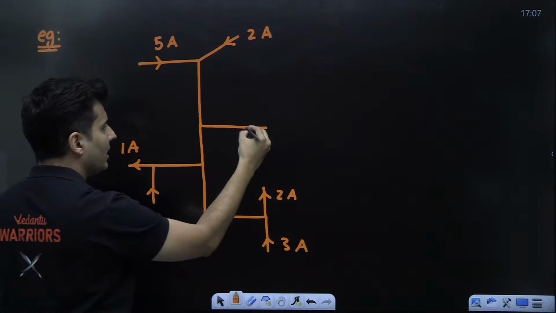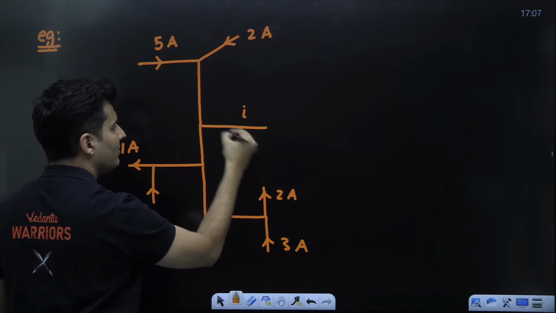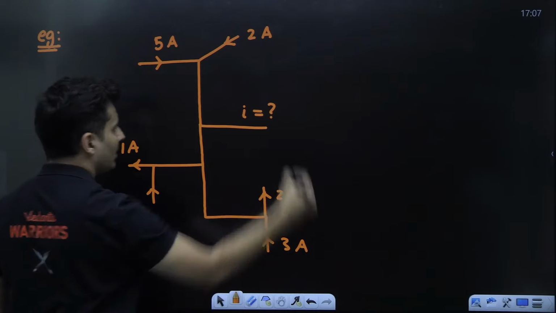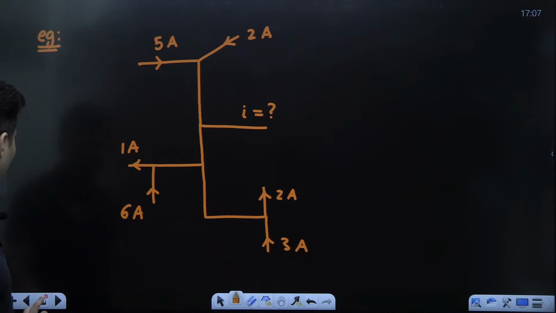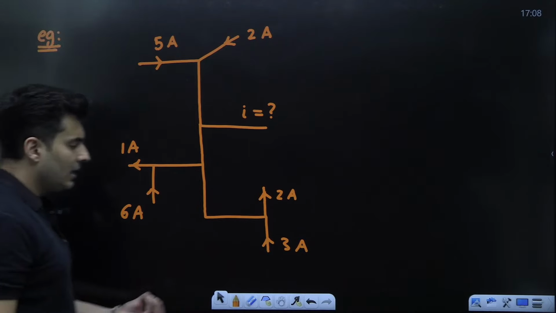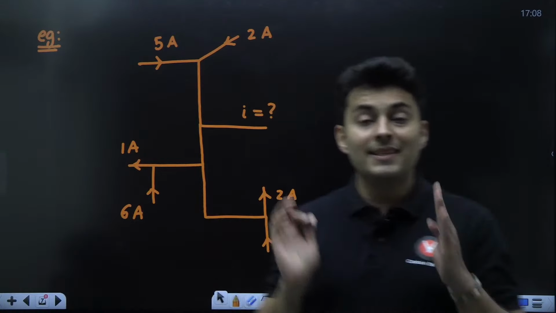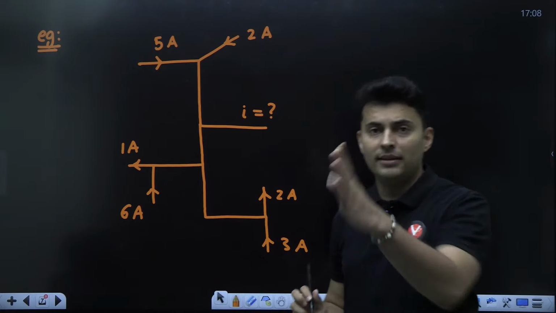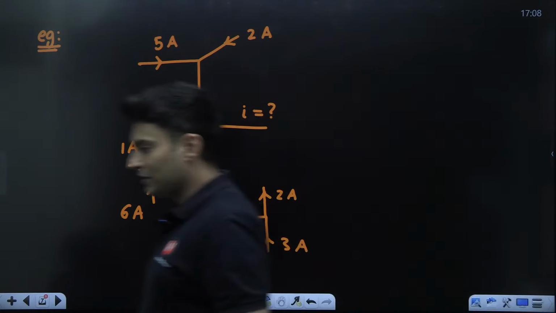And the question will be, how much is the current in this particular branch? How are we going to do this kind of question? All you need to do is apply the junction rule at every single node or joint that you see in this entire circuit.